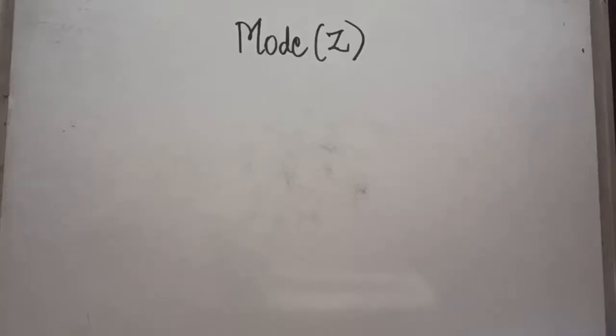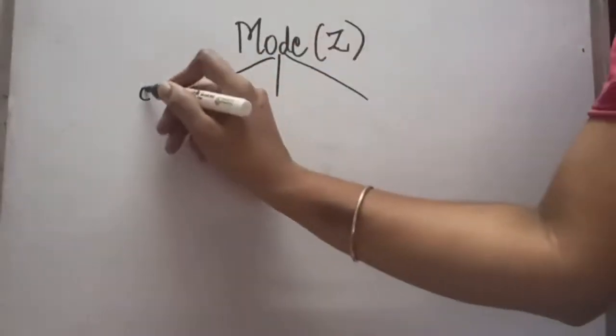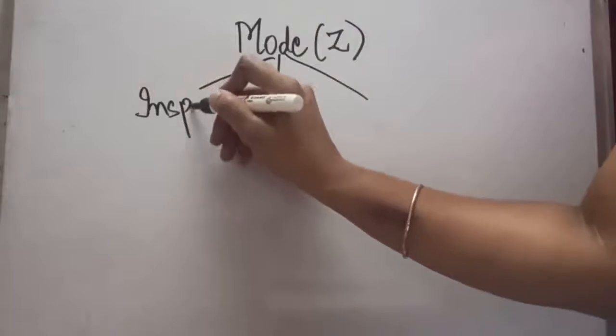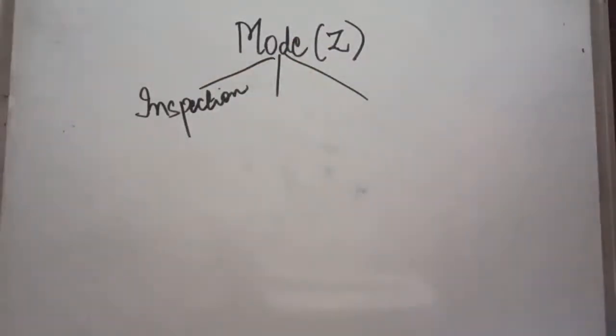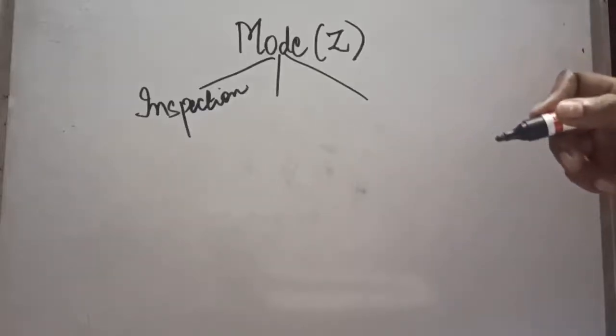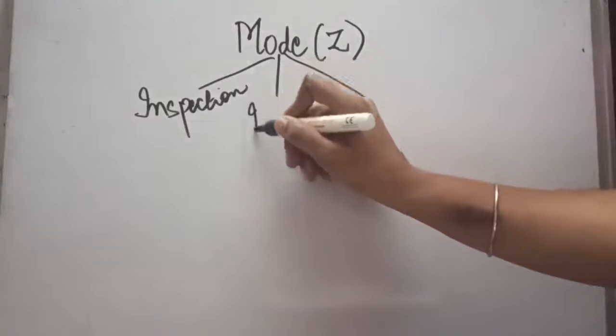Now for the purpose of calculating the modal value, we have three methods. First is the inspection method, where we just inspect the series, we just observe the series, and from there we find out the modal value. Second is by interpretation.